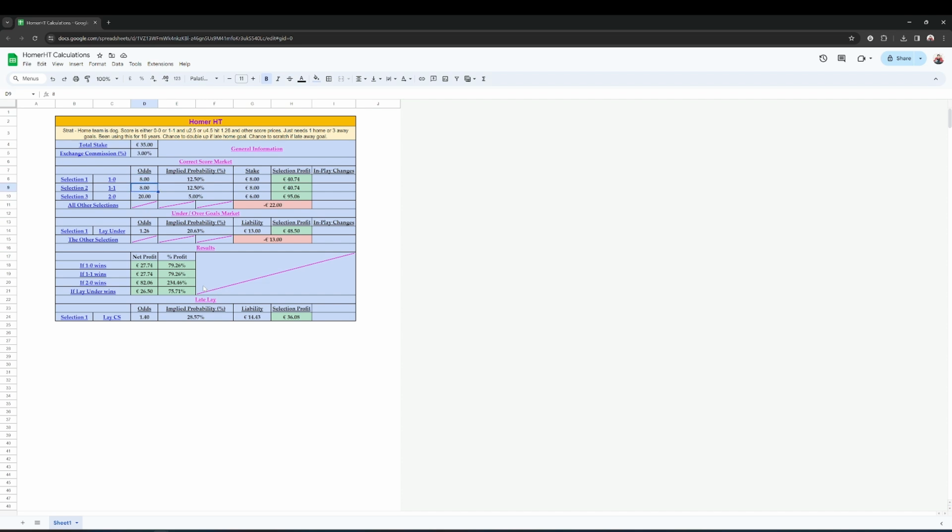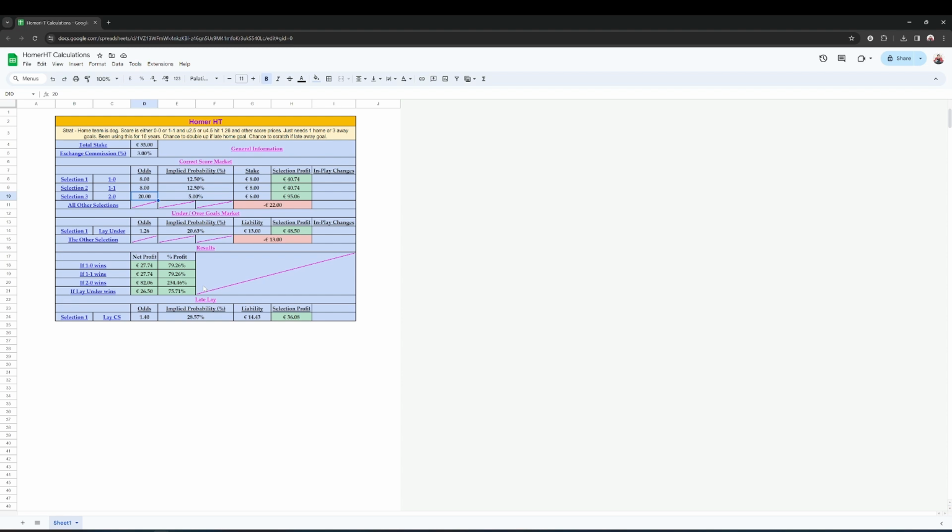It's probably not that accurate, but more or less it is. 2-0 is 20. I mean, depending on what chances this home team has, they are the underdog. The market is not expecting 2 goals scored by the underdog in the second half and win.